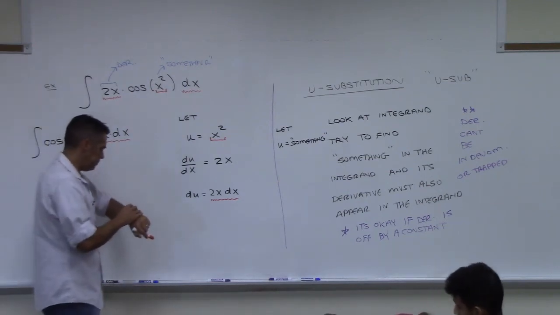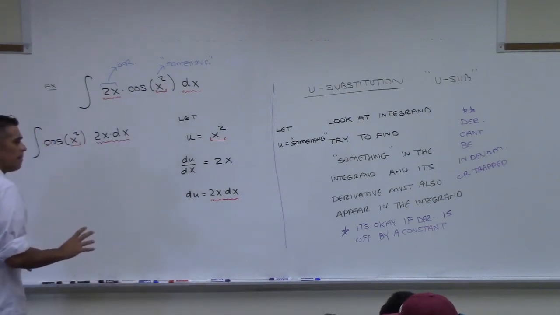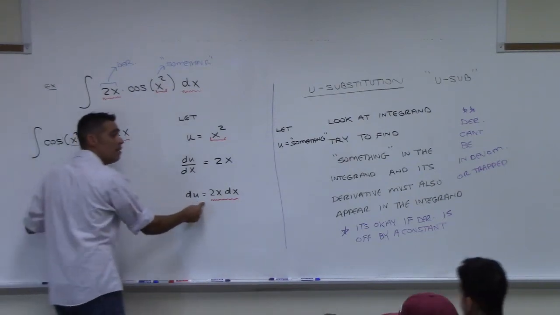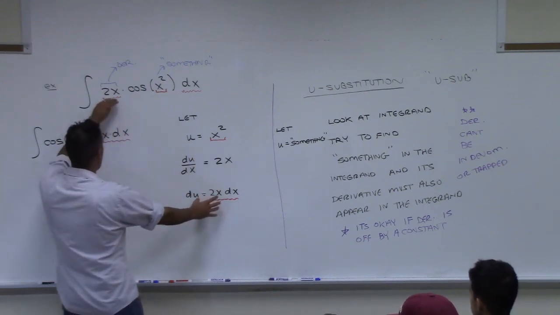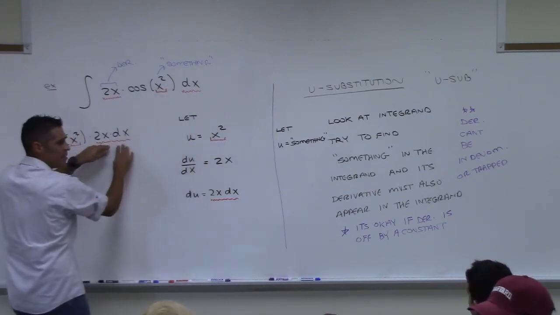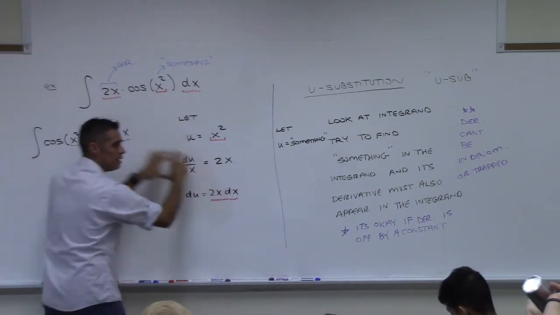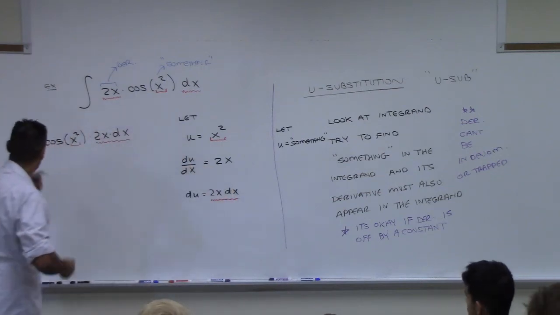So now I do that. You're okay with how I got this, right? Like just doing this? And then what I did is I realized I have 2x dx if I slide that 2x to the back like this, and this matches, right? They're exactly the same. So on my next line I'm going to rewrite this.